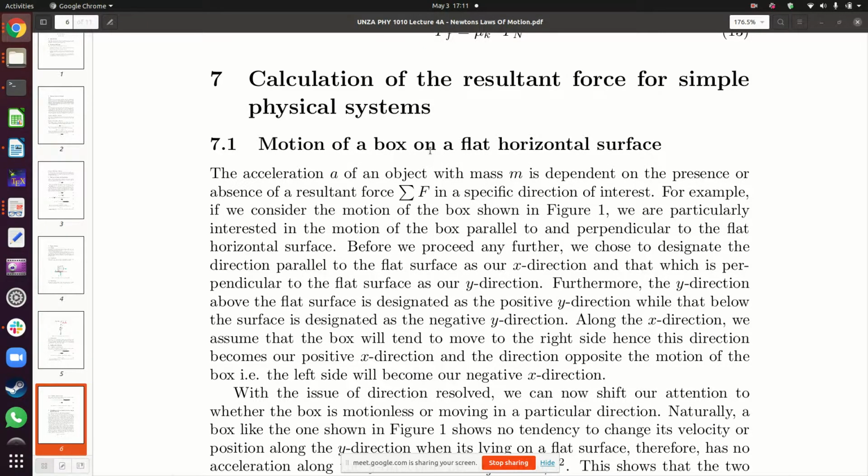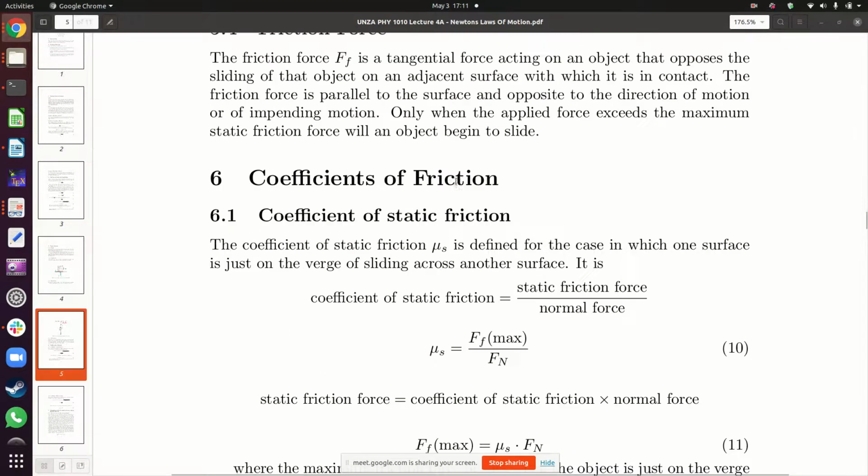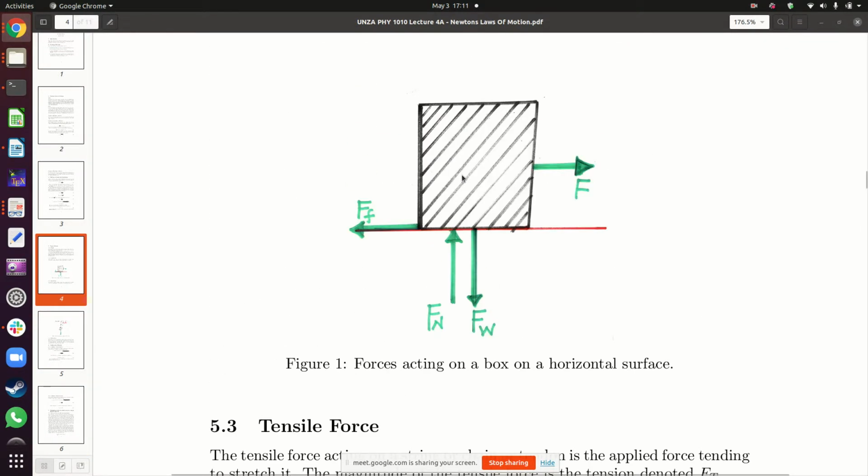We have two different cases here. We have a mass on a flat surface. So this block has got a certain amount of mass. Then because of that mass, and since this block is on the surface of the earth, this particular block has got weight. Weight being the pull of the earth on this particular block.